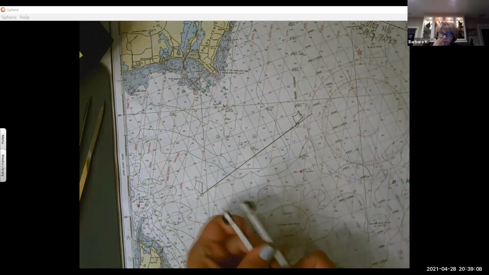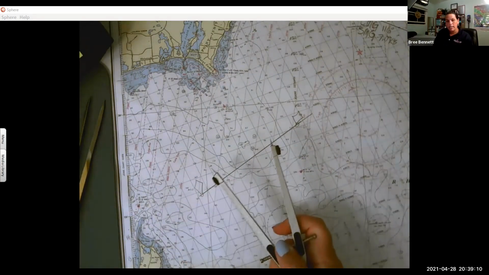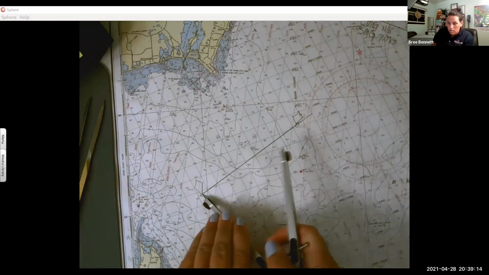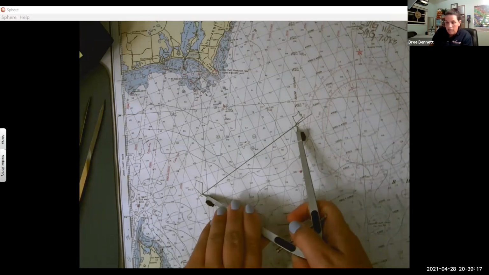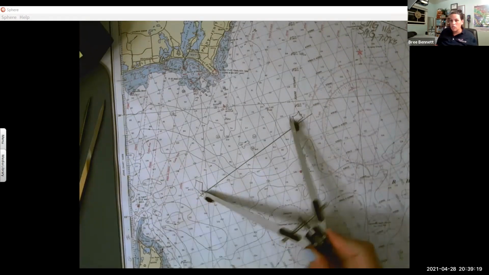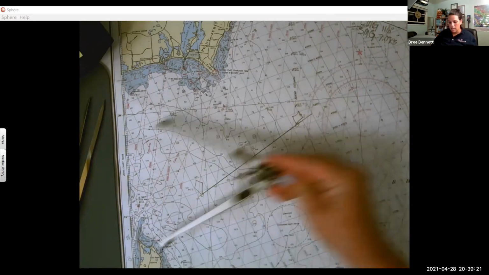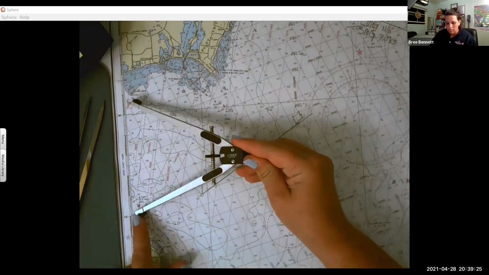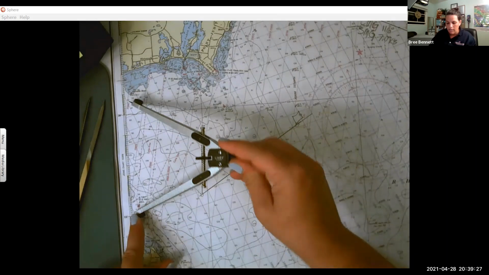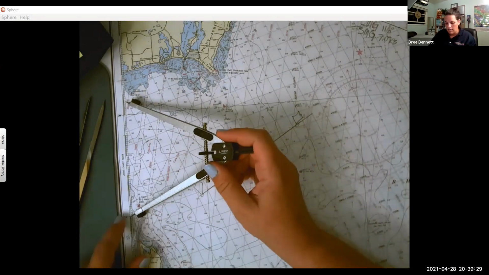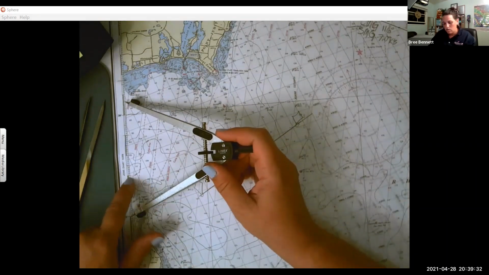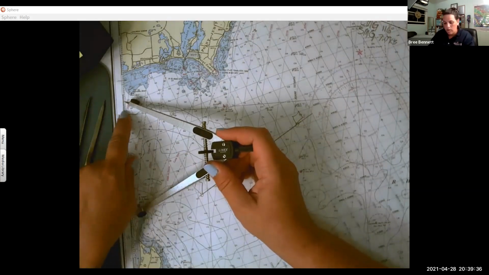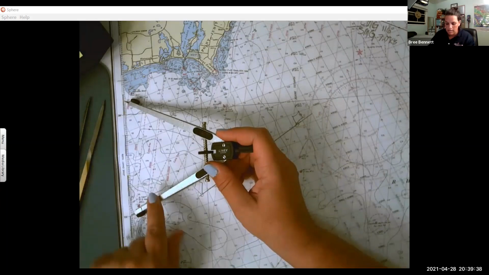So if I want to measure distance, I'm going to use my dividers to say my distance is from this buoy to this buoy. And then I'm going to use this distance and I can measure it anywhere along this chart. So if I measure from here, that's at 15. So I have 1, 2, 3, 4, 5, 5.7.